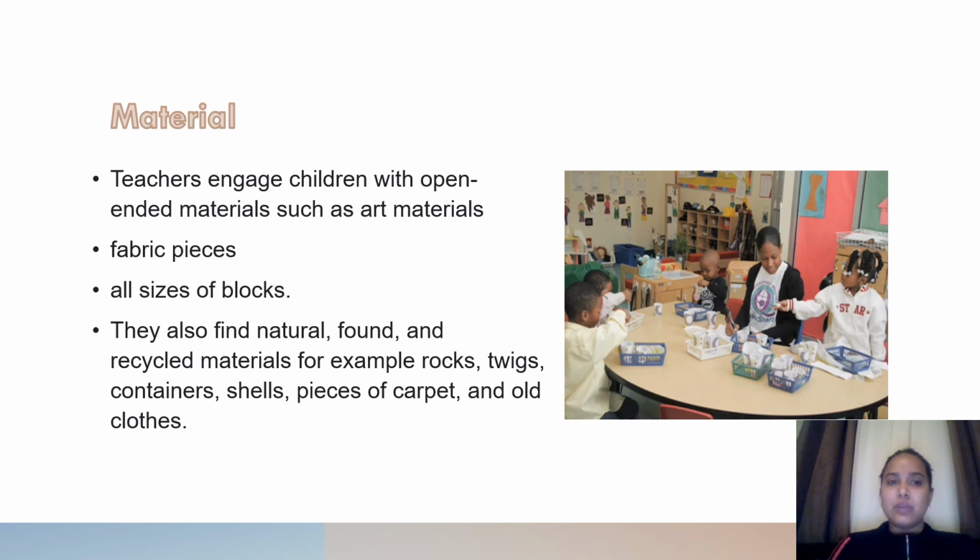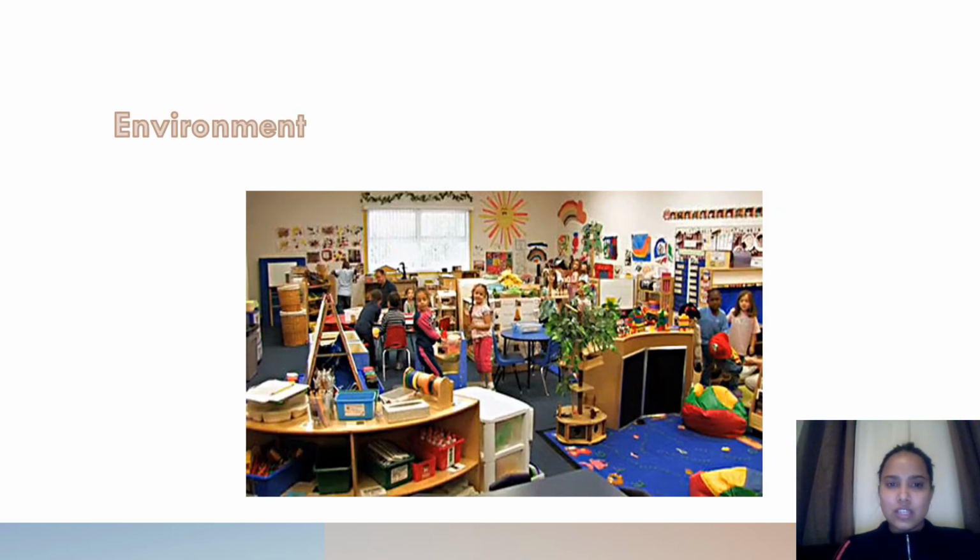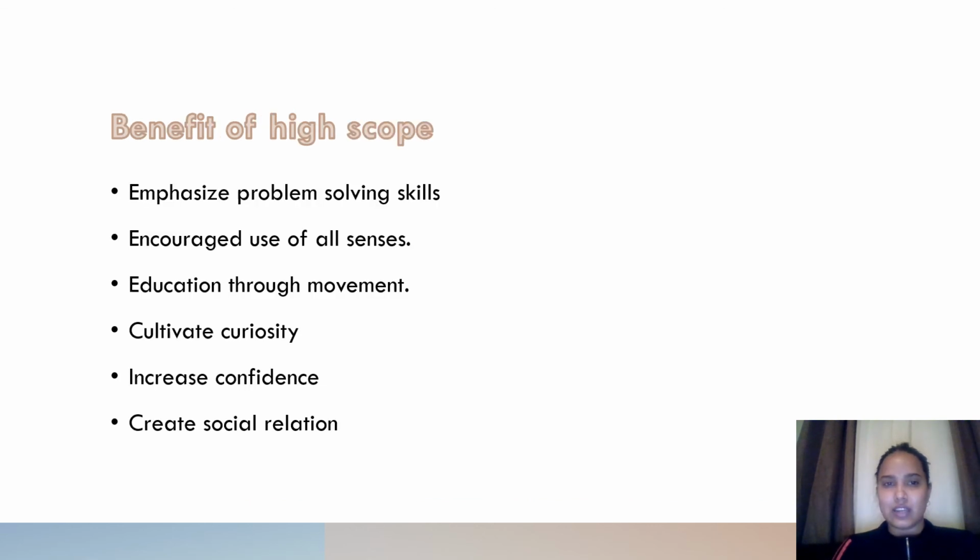The material is made of fabric pieces, all sizes of blocks, and natural found and recycled material, for example rocks, twigs, containers, shells, pieces of carpet, and old clothes. As we see in the pictures, all the material is made of wood, carpet, and there are blocks also here, and children learn with their interest, and the educators, and the whole classroom environment is like that.